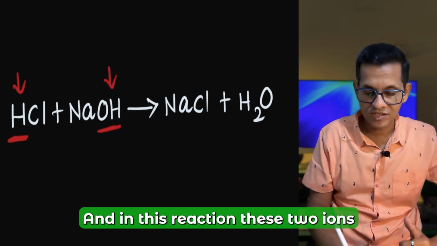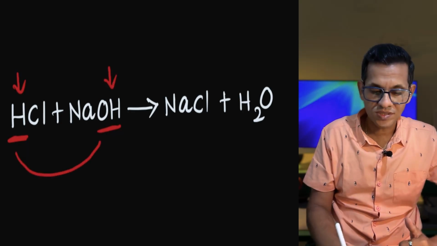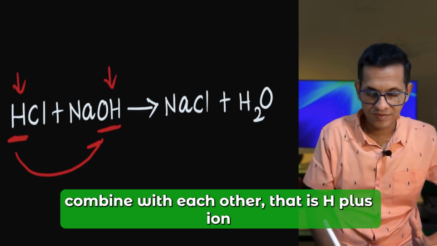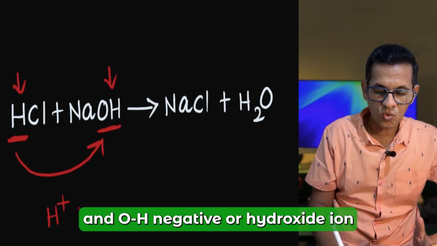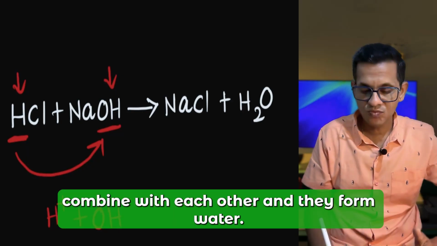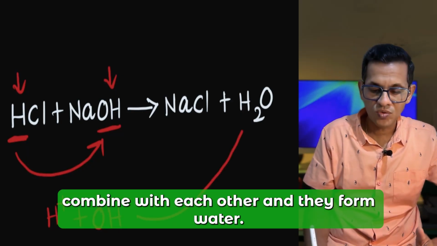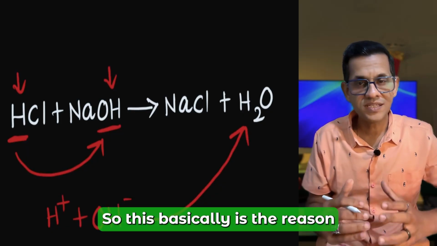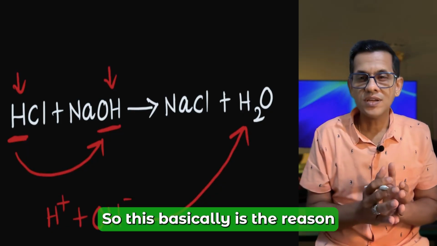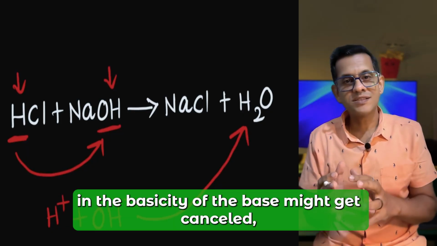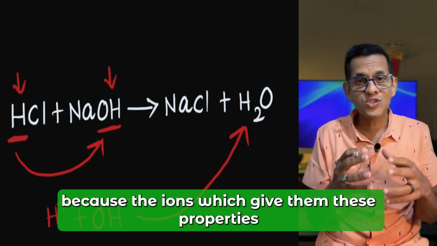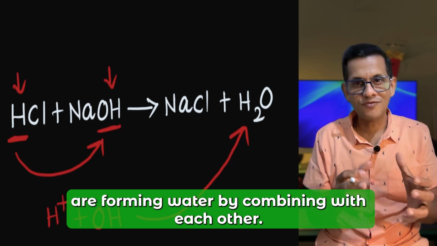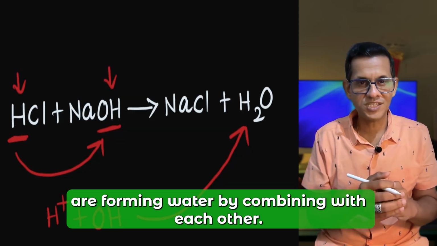And in this reaction, these two ions, that is H plus ion and OH negative or hydroxide ion, combine with each other and they form water. So this basically is the reason why the acidity and the basicity of the base get cancelled, because the ions which give them these properties are forming water by combining with each other.